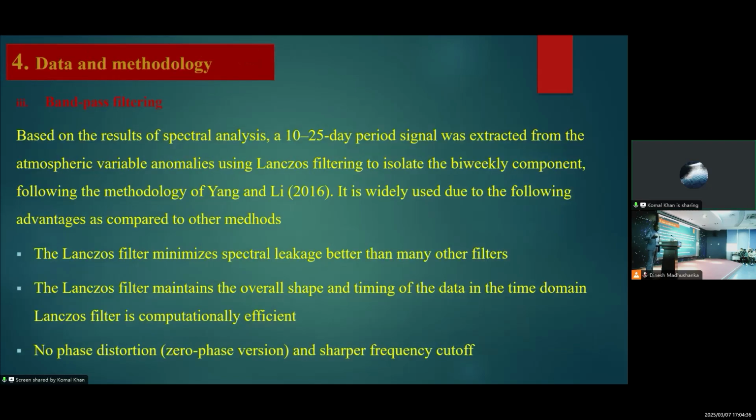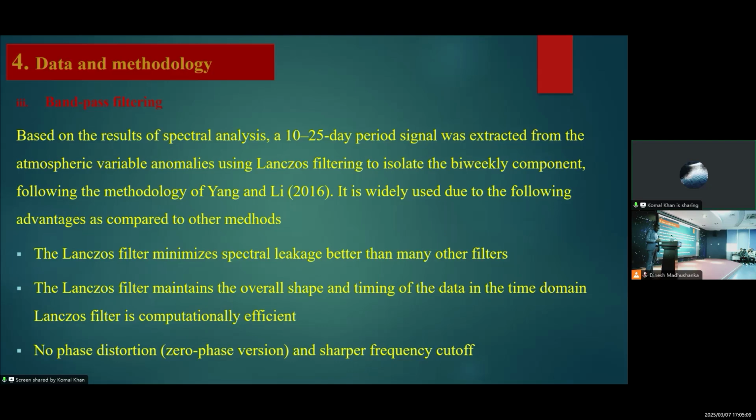Bandpass filtering. After understanding that our time scale passes the significance level, we use that time scale in the filtering. So we are sure that our 10 to 25 time scale was significant, and we used it to filter so that we can continue with our analysis.